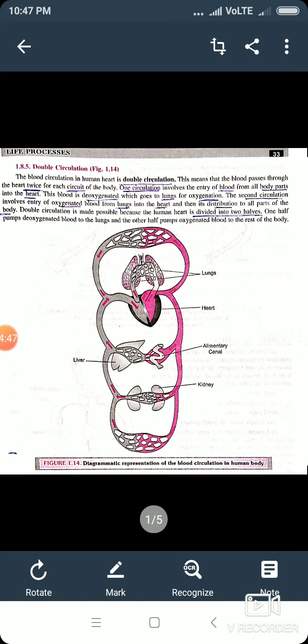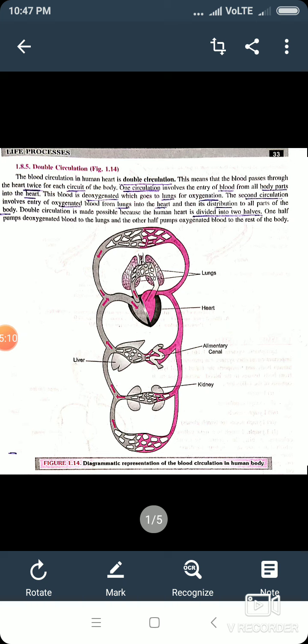The second circulation involves entry of oxygenated blood from the lungs into the heart, and then its distribution to all parts of the body. This is what is called double circulation.